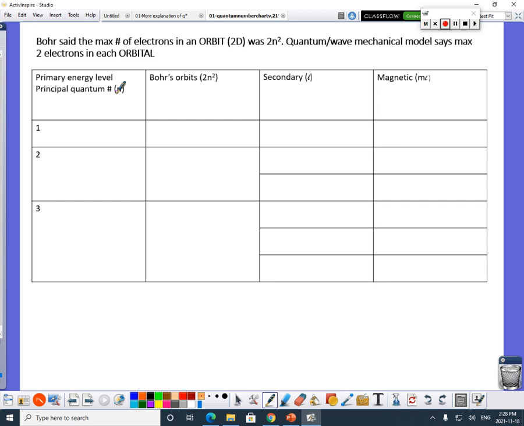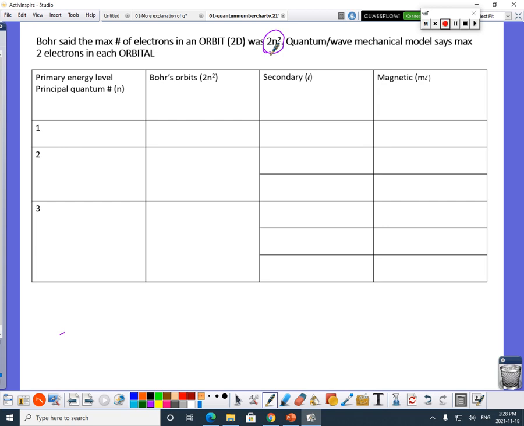So he was in it to win it with the n. This was Bohr. Yes, he was good. His formula for the number of electrons was 2n squared. I don't even think the grade 10 teachers teach you 2n squared or grade 9 anymore, because it works for the first ones. 2 times 1 squared is 2, so 2 in the first.